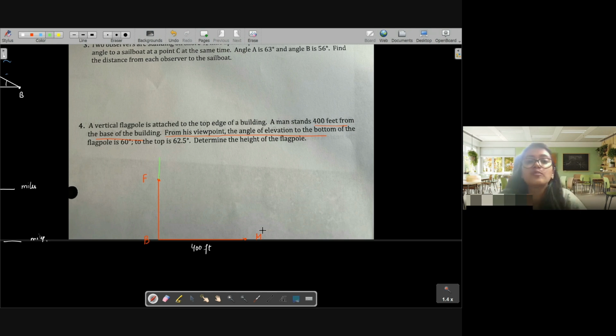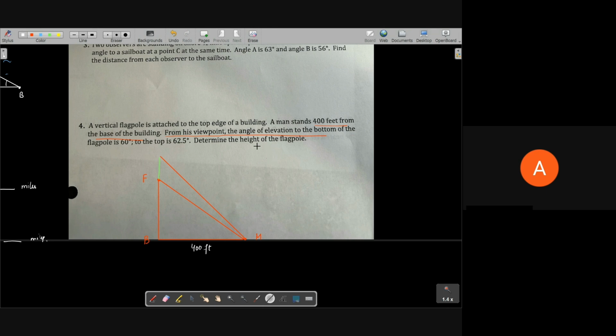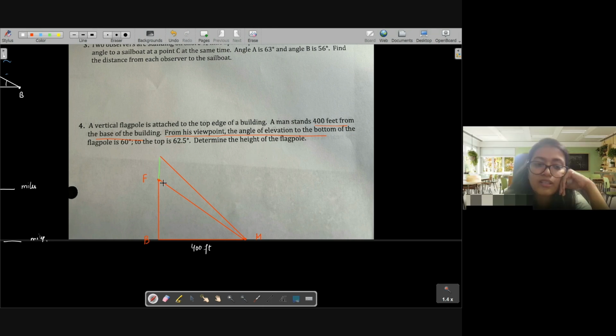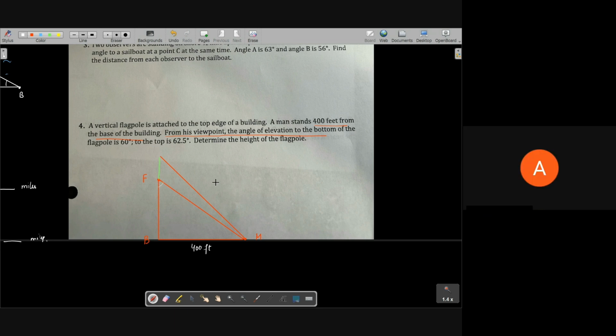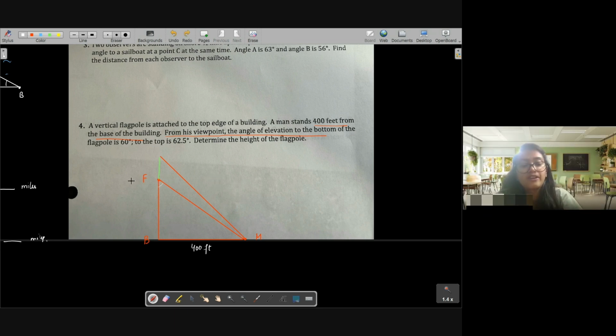Now we have to make two angles. The man is looking at the flagpole. He's looking at the bottom of the flagpole, and he's also looking at the top of the flagpole. Now, which angle is the angle of elevation? It will be this one.